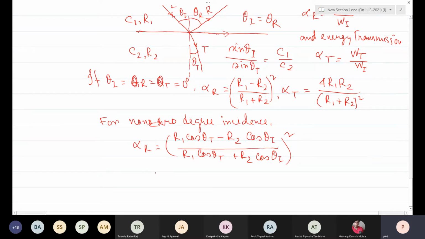So maybe sometime later we will have the derivation of this.